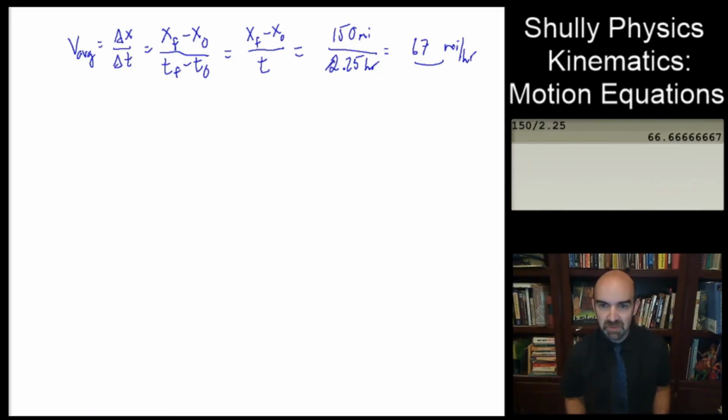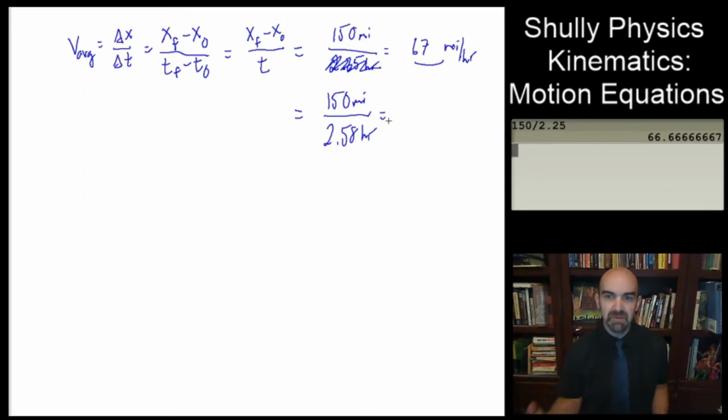So the total time wasn't 2.25 hours. I missed a little bit here. It did travel 150 miles, but it didn't stay at that top speed for that entire time. So 20 minutes is 1/3 of an hour. So I'm going to add a third to that. Add 0.33 to that would be 2.58 hours.